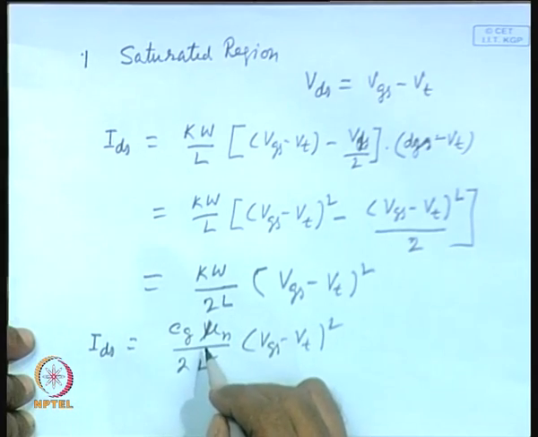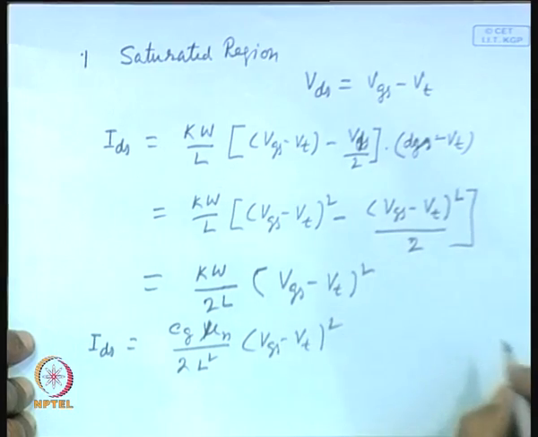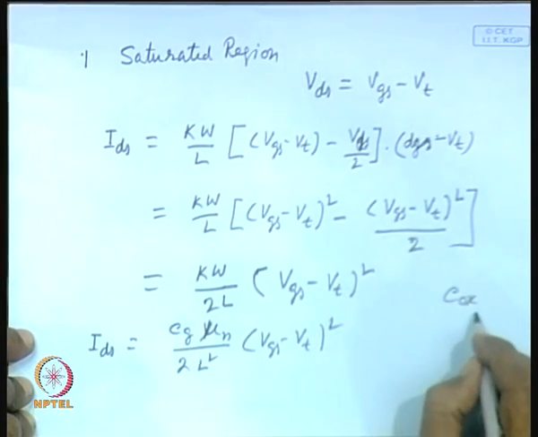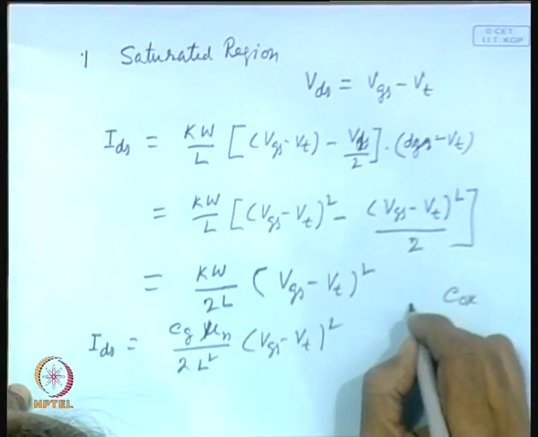And of course, you can represent it with the help of another parameter, which is known as COX. COX and Cg, these two are different. COX is the unit gate capacitance, that means capacitance per unit area. So, what is the relationship between Cg and COX?